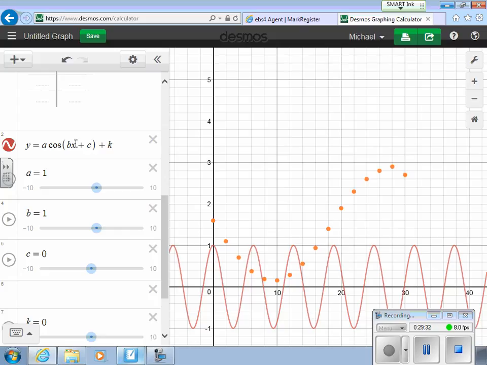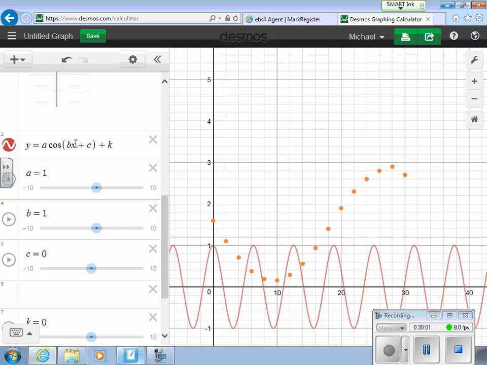If we know the period, remember, frequency and period are reciprocals of each other. Frequency is one over period. So if we can find an estimate of the period from our data, we can find the frequency in hertz, and if we know the frequency in hertz, we can find it in terms of omega, can't we?